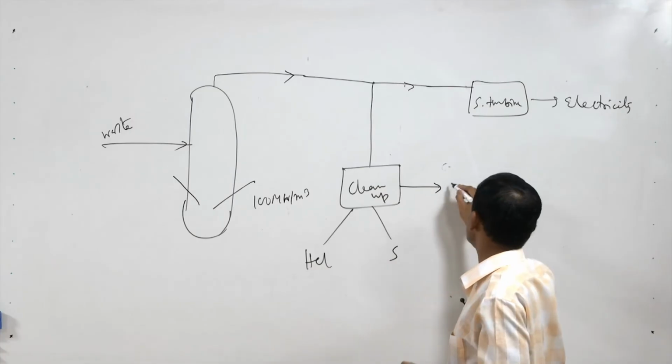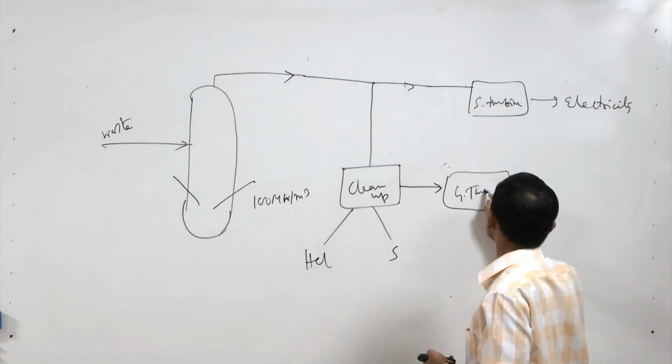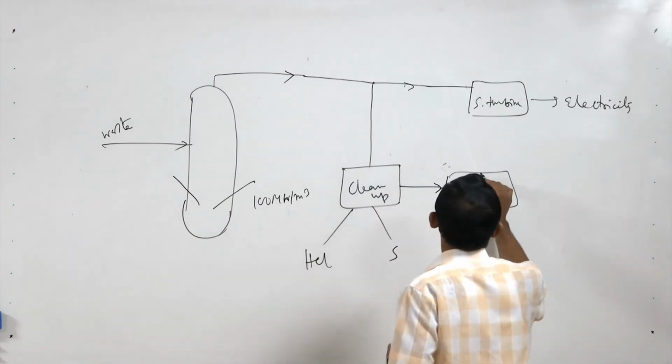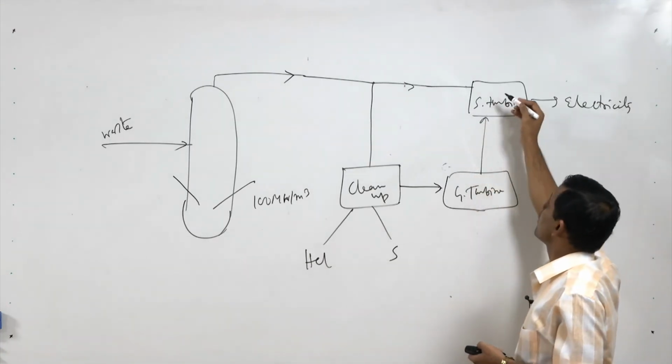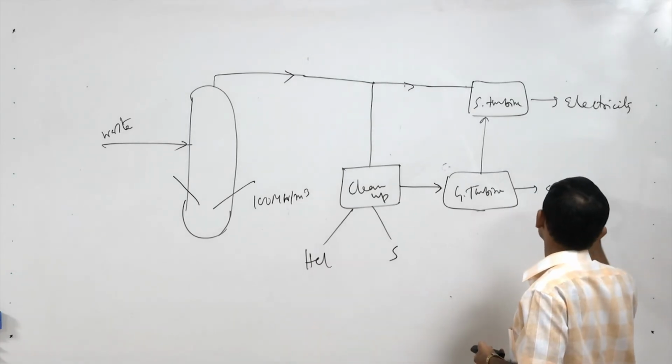So, that can be used in a gas turbine, and the exhaust of the gas turbine will go for further combustion and for steam production, and then electricity we can get.